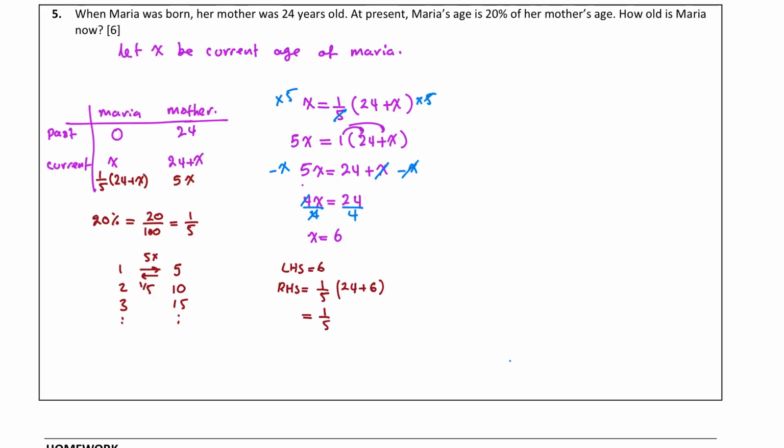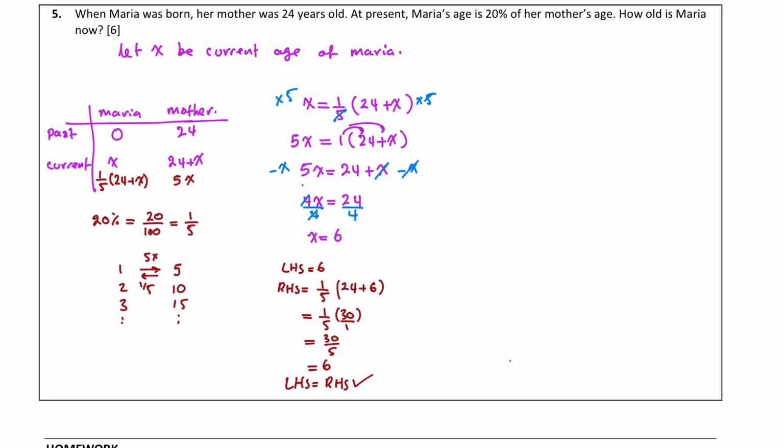We do brackets first, so 24 plus 6 is 30, and then I will get 1/5 of 30. 30 times 1 is 30 over 5, and 30 divided by 5 is 6, so my left hand side is equal to right hand side. So I can check this, and it is absolutely correct.